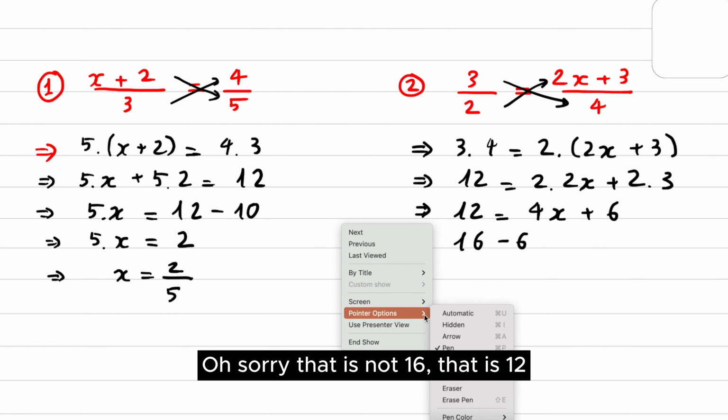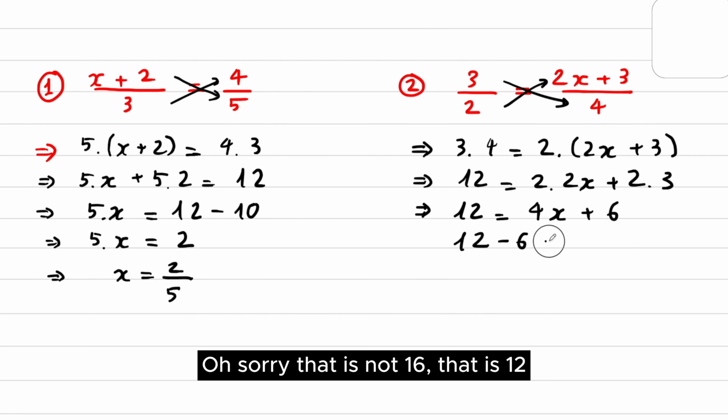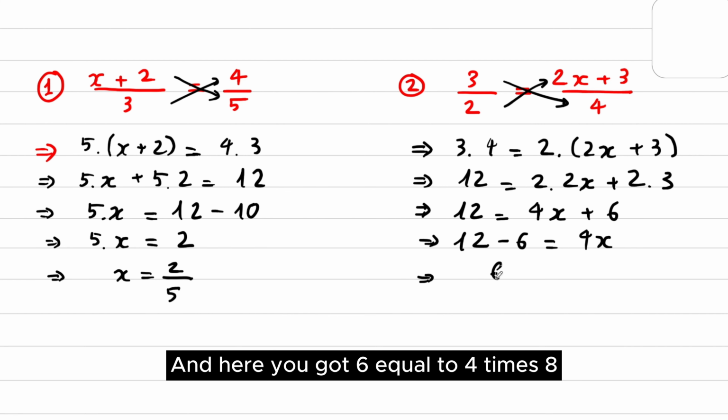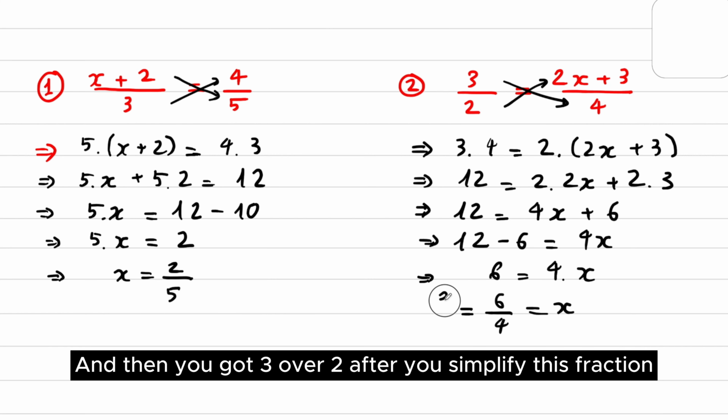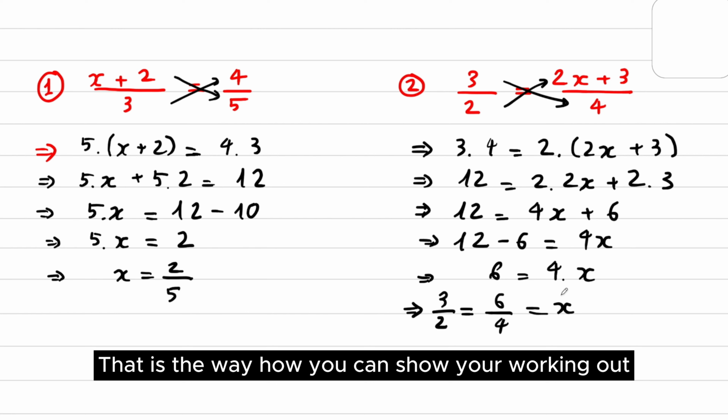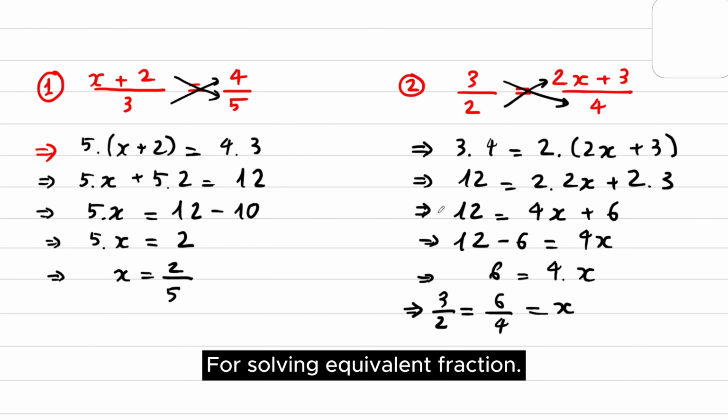Oh, sorry, this is not 16, this is 12. And the other one, you got 4x, and here you got 6 equal to 4 times x. So 6 divided by 4, and then you got 3 over 2 after you simplify this fraction. Yeah, that is the way you can write your working out for solving equivalent fractions.